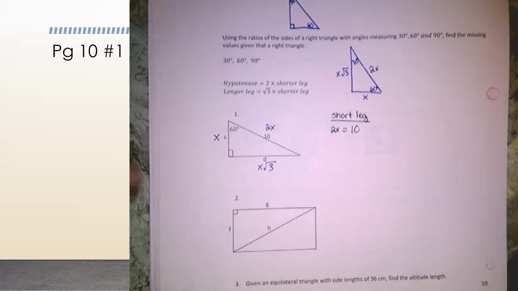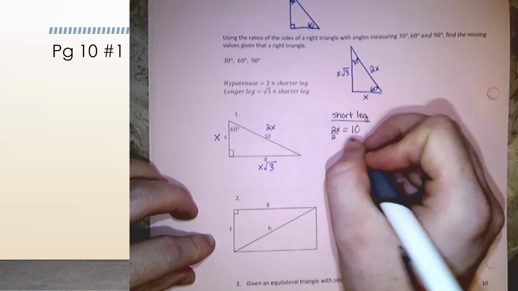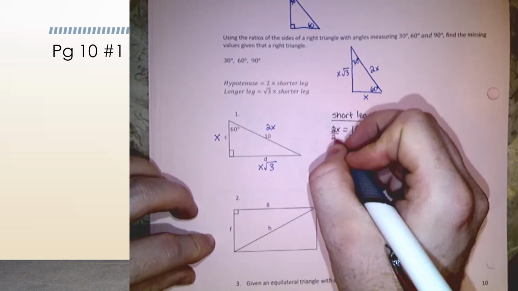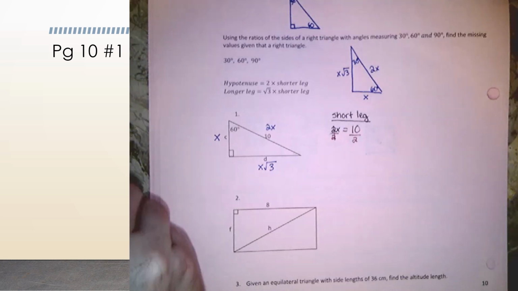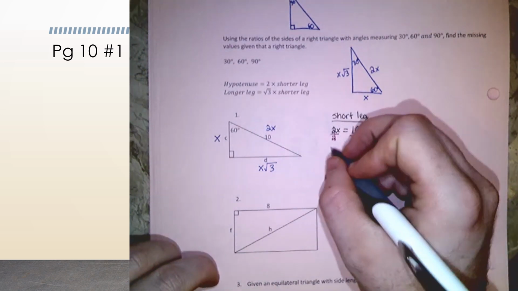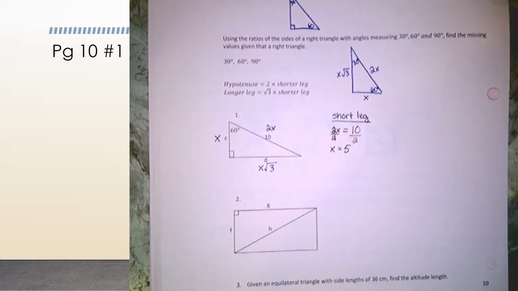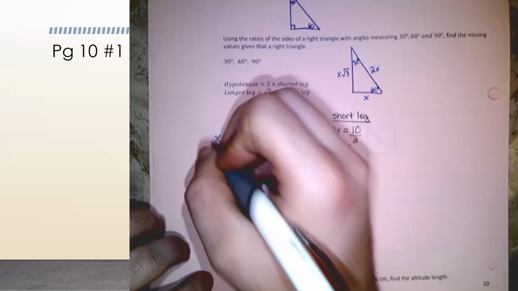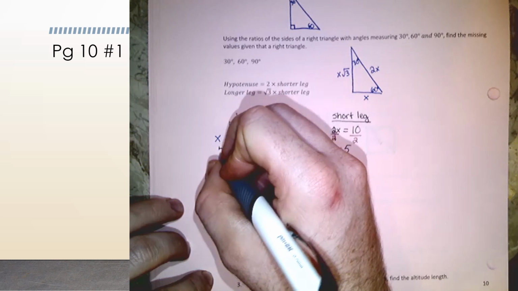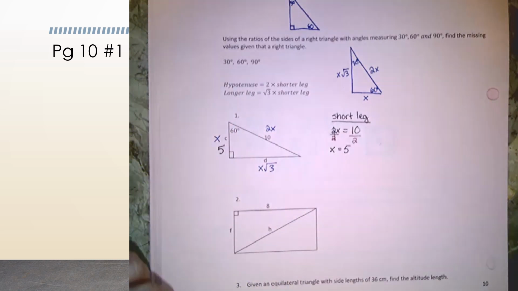So I'm setting it up as an equation: 2x equals 10. In order to solve this, the next step is to divide each side by 2 so that x can get by itself. And now I have x equals 5. So my short leg is 5. So this side is equal to 5.